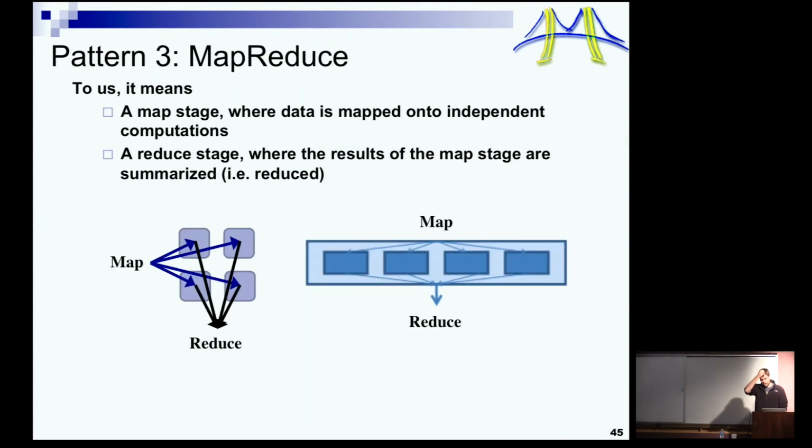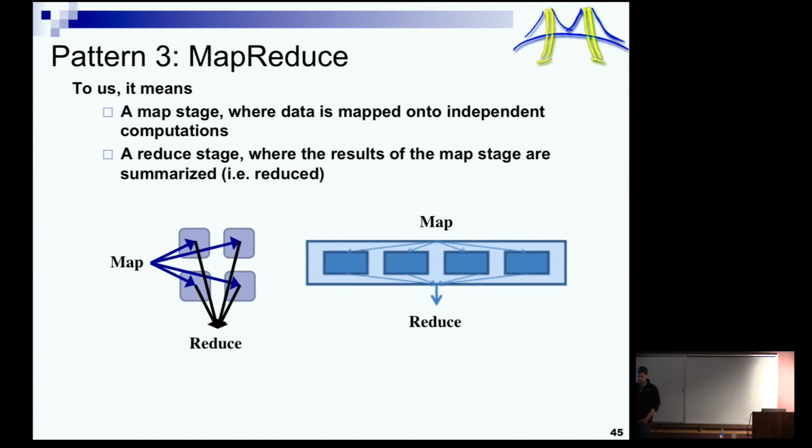And the third one is MapReduce. The framework from Google, everybody knows about this. It's also something that's used in, for example, Python, where you can do MapReduce, in functional programming. So what you do is you map a function onto a set of data.